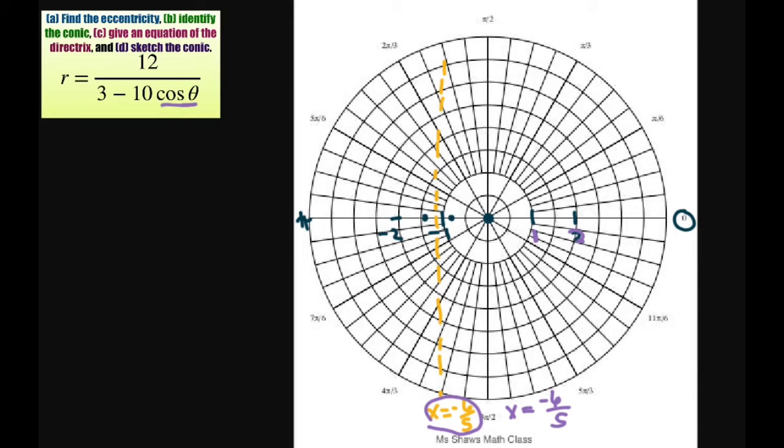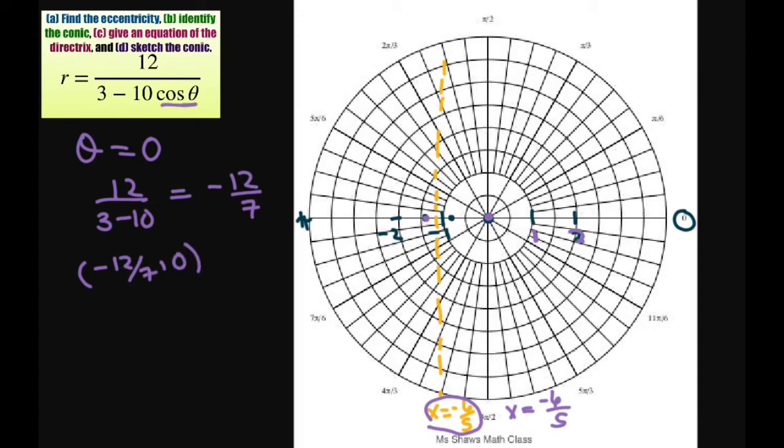So we're looking at the origin here, and let's evaluate at 0. When theta equals 0, we get 12 divided by 3 minus 10, which is negative 12/7. So that is this point here, negative 12/7, comma 0.